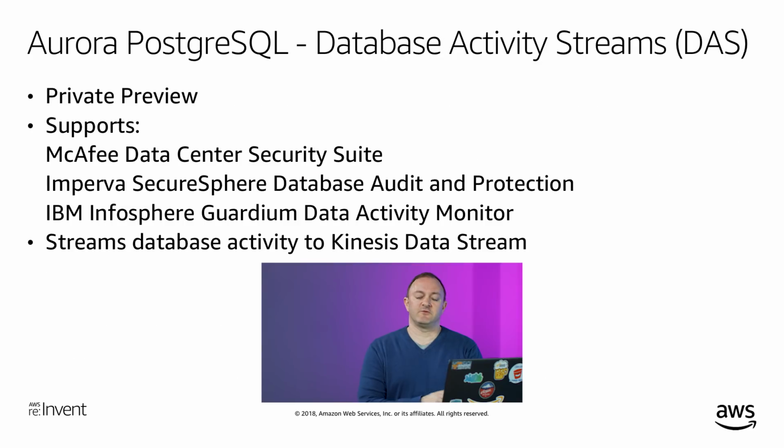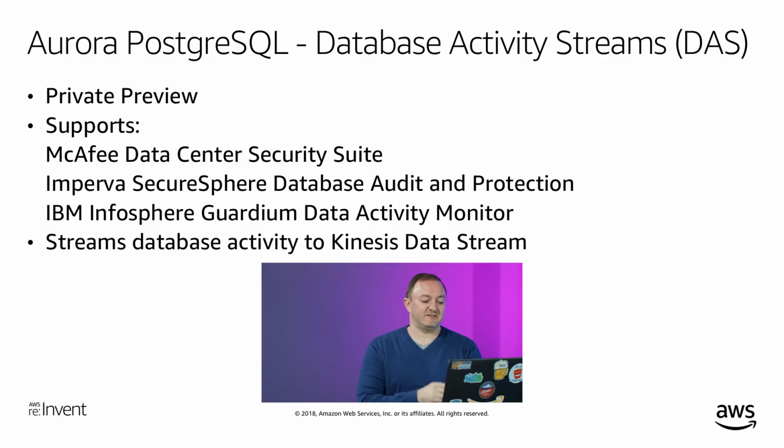A new feature for Aurora Postgres is the database activity streams. It is in private preview, and what that's going to allow it to do is stream audit and database activity to common tools that most customers tend to use, such as McAfee Data Center, Imperva, and IBM Infosphere.